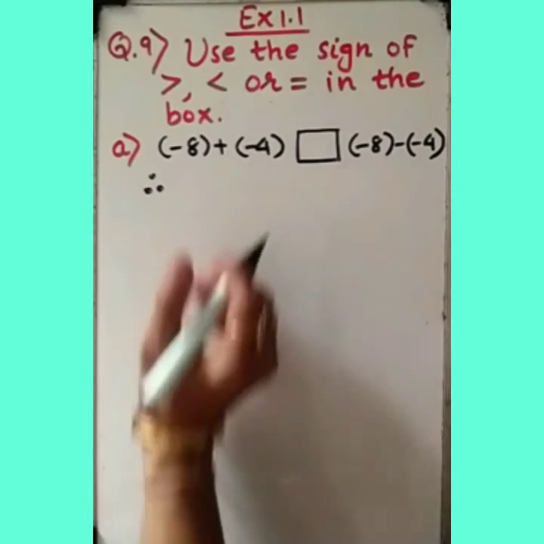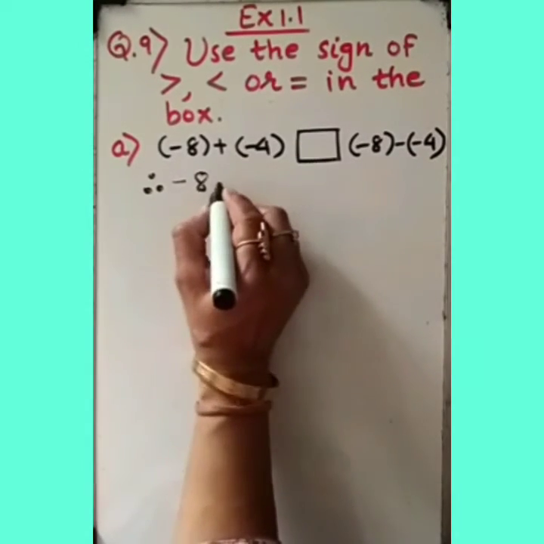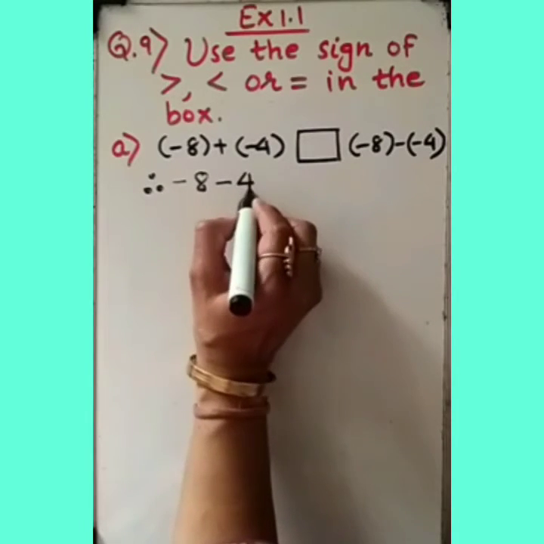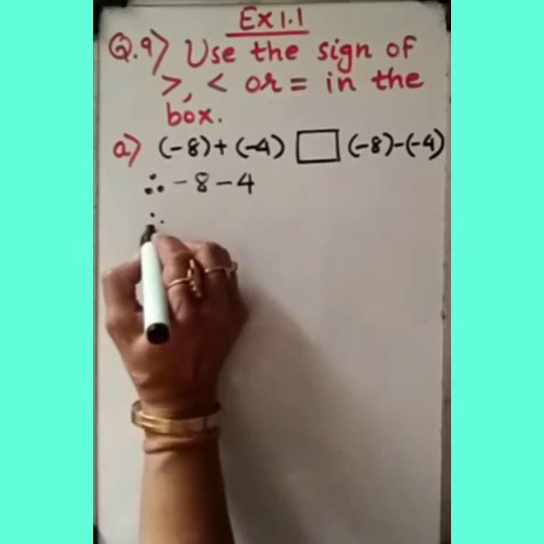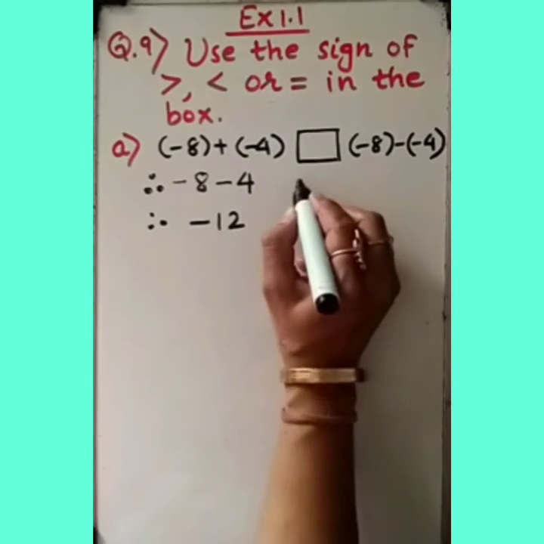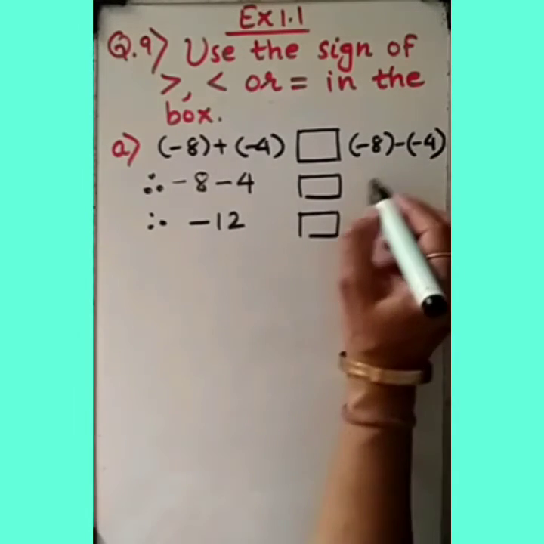For the LHS portion, we are solving all together. So here it will be minus 8. We know plus minus is minus, right? So let's solve this side. Minus 8 minus 4 gives the result minus 12. Clear to you? Now simplify.